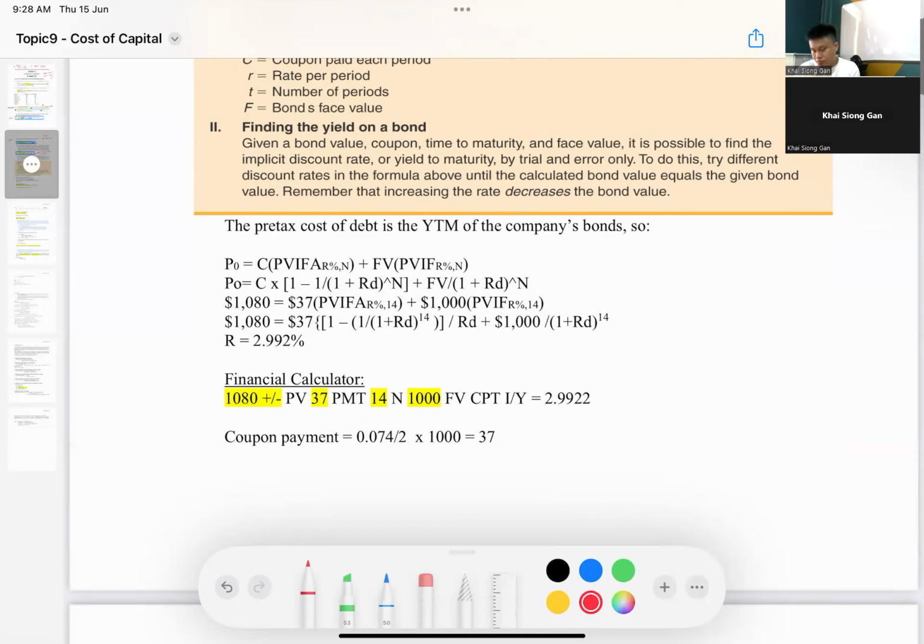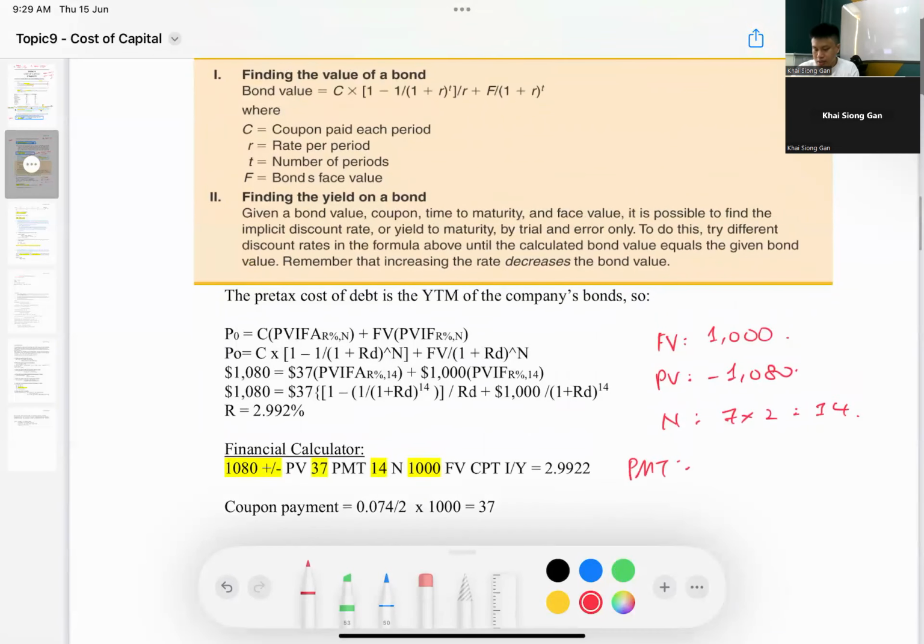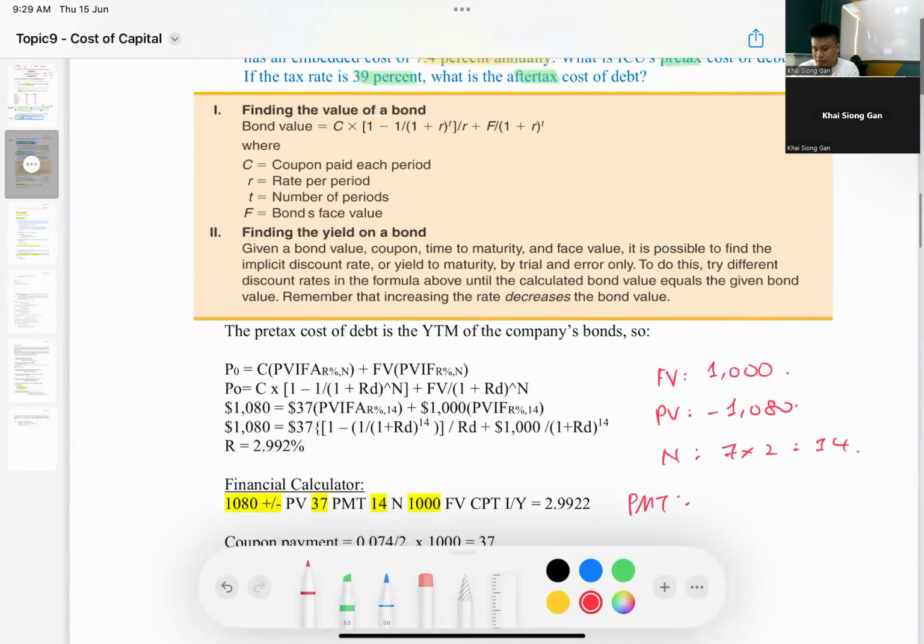First of all, you press second, clear TVM. For bonds, always write FV equals 1,000, 1 mark. Then PV negative 1080. N is how much? 7 years to maturity, 7 times 2 is 14. What about PMT? PMT just now is 7.4%, right?